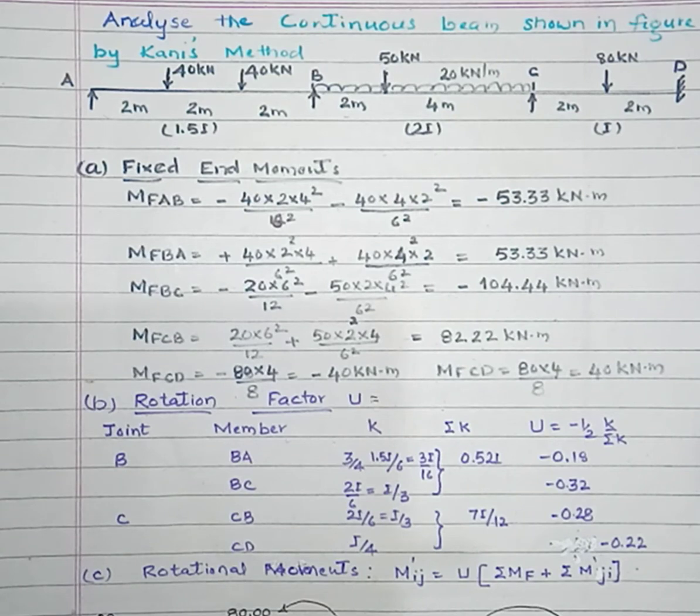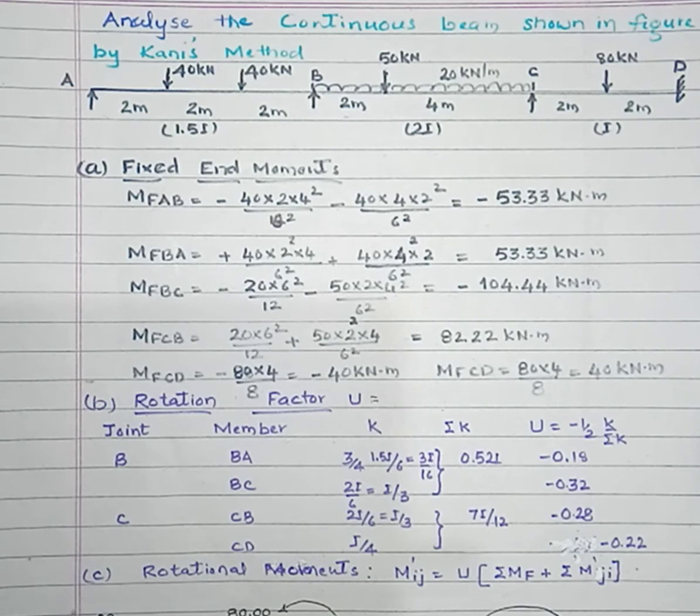Inside of the bracket, the sum of the fixed end moment, that is 42.22, plus the far end rotational moment. One far end is B, that is rotational moment is just now we have calculated 7.8208, and for other end, that is from D, that is 0. Hence the rotational moment is minus 14.01 kilonewton meter.